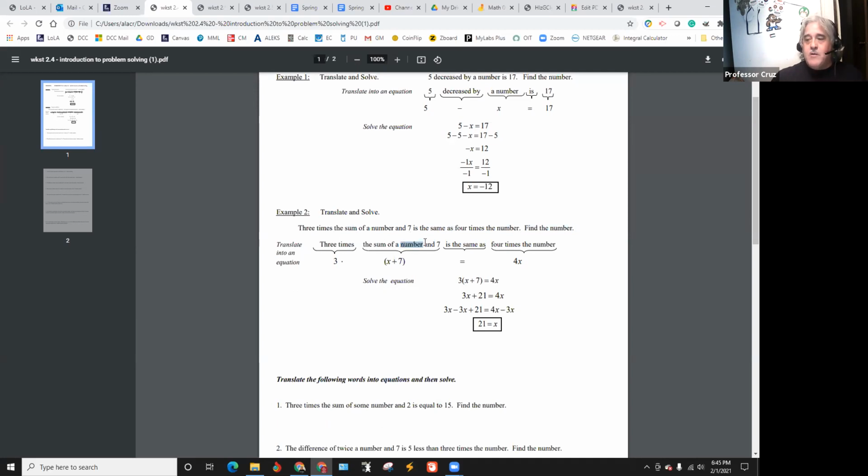A number and 7. 3 times that sum is the same as, or equals, 4 times the number. So 3 times (x plus 7) is equal to 4x. And that's the equation.